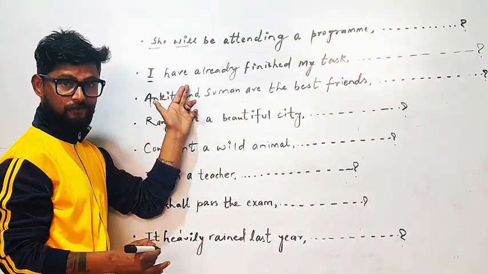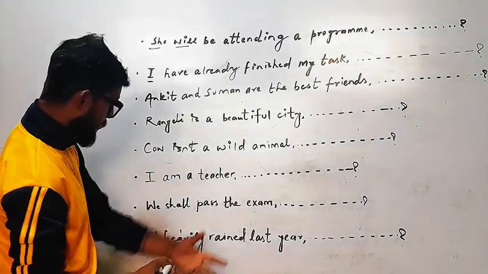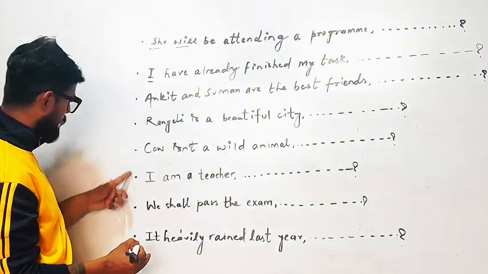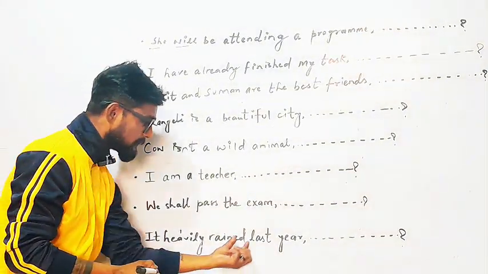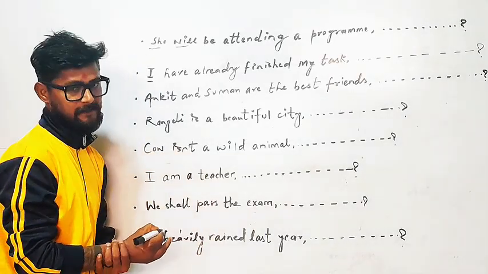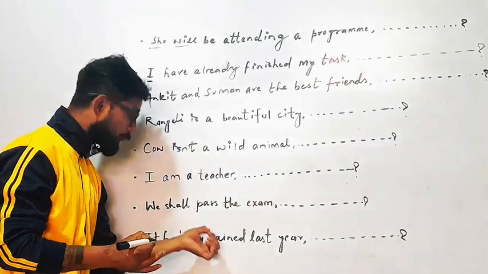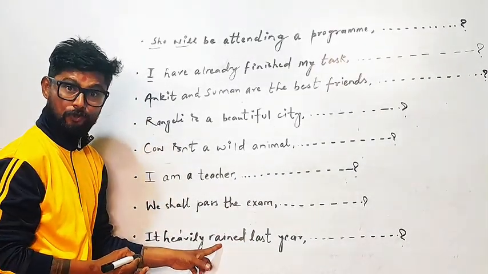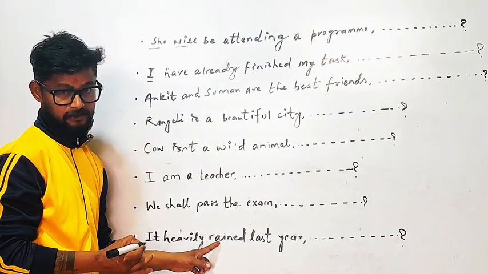And here in this question, question number 8: It heavily rained last year. In this question, we cannot see the auxiliary verb, but in this sentence we do have a main verb, and this is rain. As I told you, without verbs, sentences are incomplete.